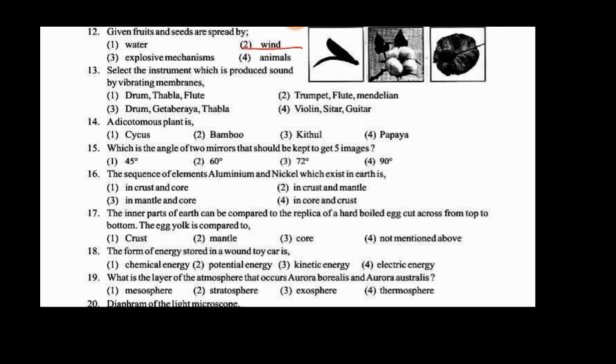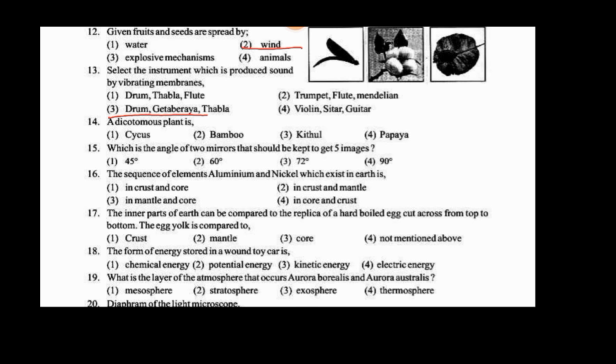Second group by vibrating strings, and third one is by vibrating air column. Vibrating membranes: drum, tabla, gataberi. Now here flute, right? Trumpet, they produce sound by vibration of air column. Guitar, sitar, violin, they produce sound by vibration of strings. So the answer should be the third answer.